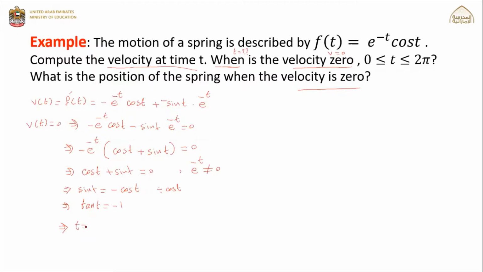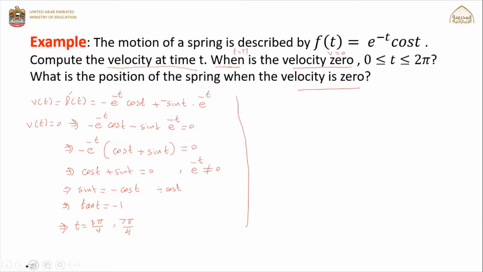The first one is t equal 3 pi over 4, and the second one is 7 pi over 4. So the values of t that make the velocity equal 0 are two values, t equals 3 pi over 4 and t equals 7 pi over 4.